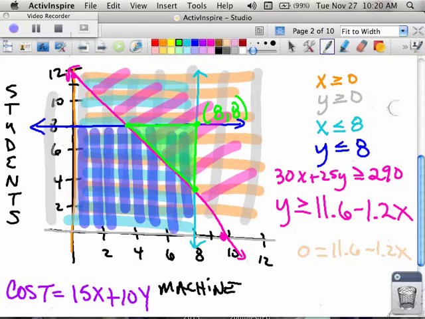If I look at the bottom right-hand corner of the green triangle, I can find the coordinates for that point as well, because I already know what the x coordinate is. What's the x coordinate? 8, because it's on the blue line.